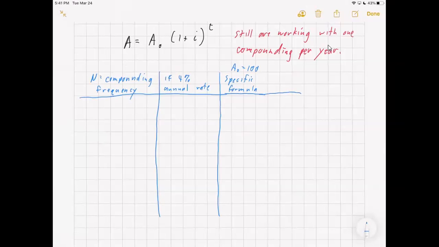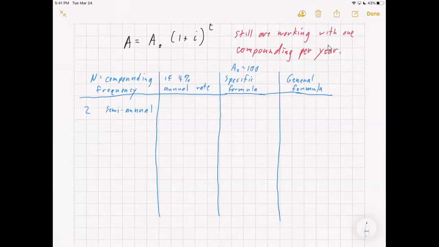And then we'll generalize, so then we'll have a general formula. Okay, so let's start with n equals 2. This is called semi-annual compounding, meaning twice per year.